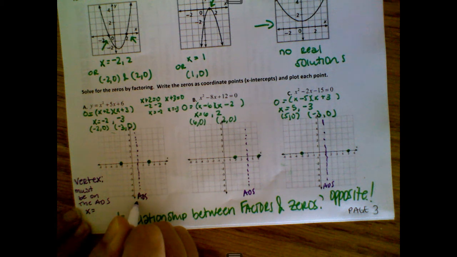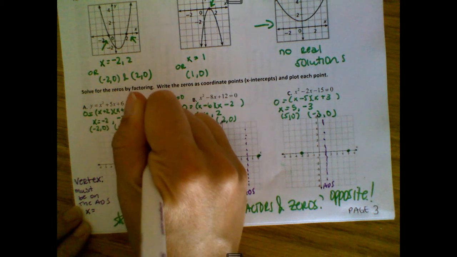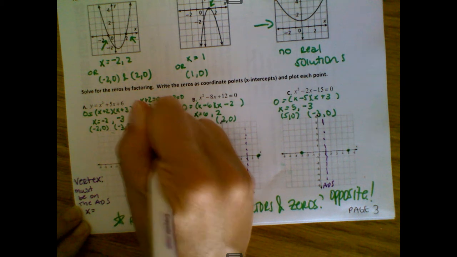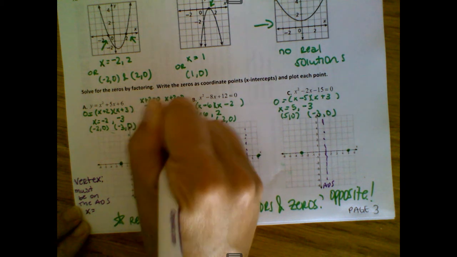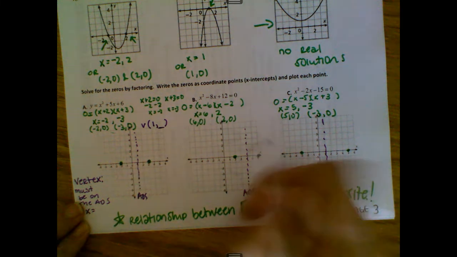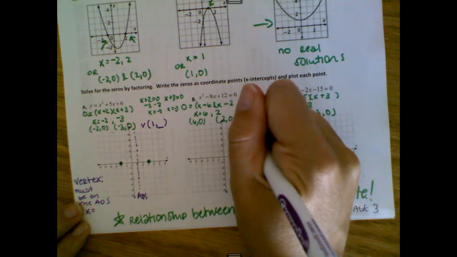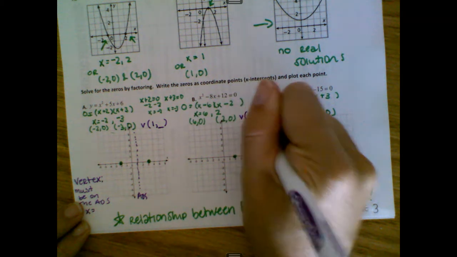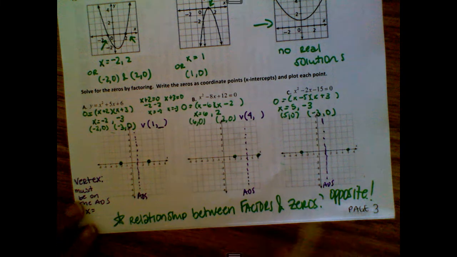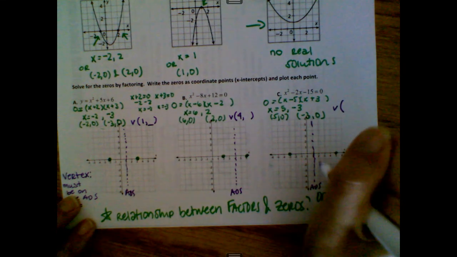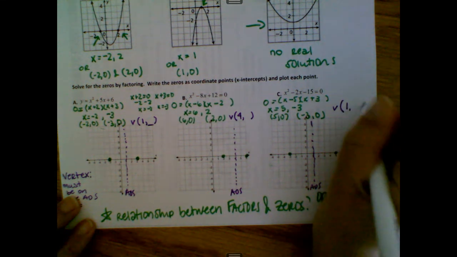So in this case, if I was making my vertex, my x must be on 1. Now I just need to figure out my y value. Over here, my x value of my vertex must be at 4. Over here, my x value of my vertex must be at 1.